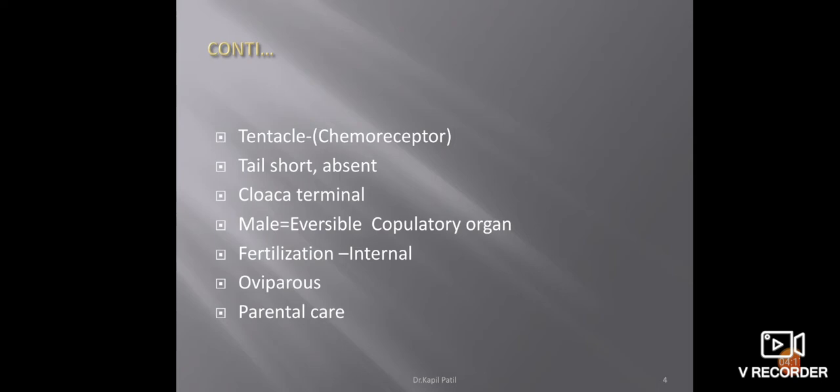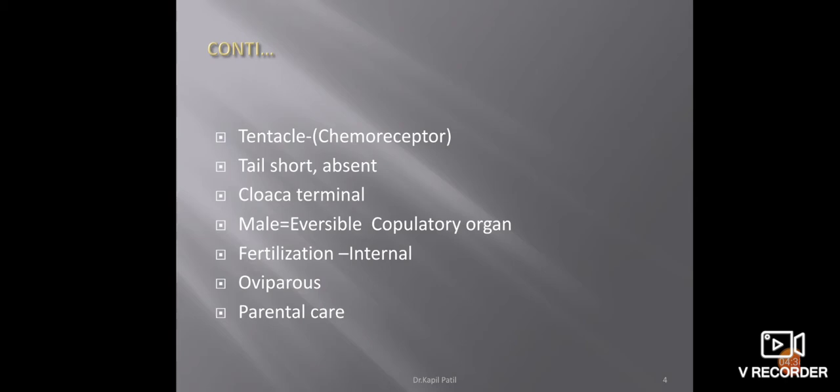In the head region a tentacle is present, and the tentacle acts as a chemoreceptor. The tentacles help in searching for food. Their tail is rudimentary, short or absent.